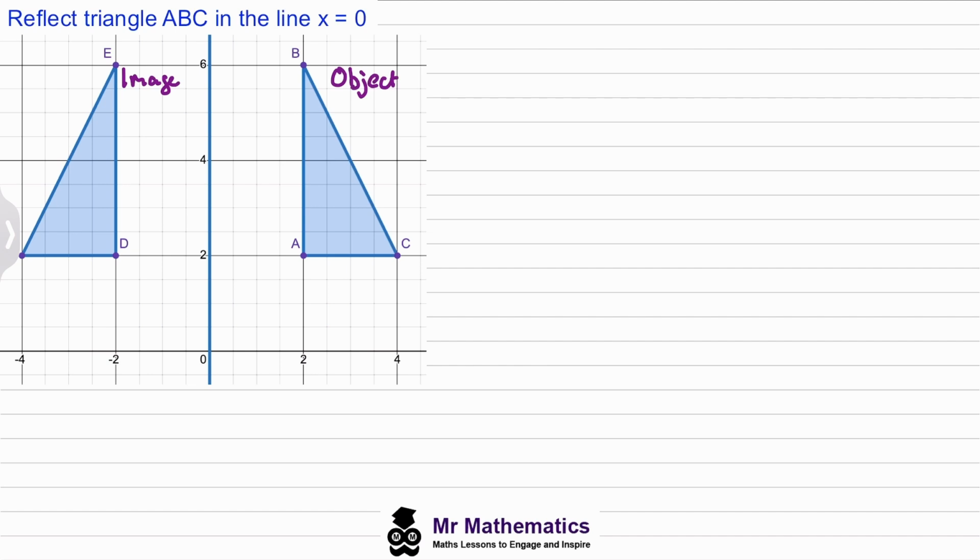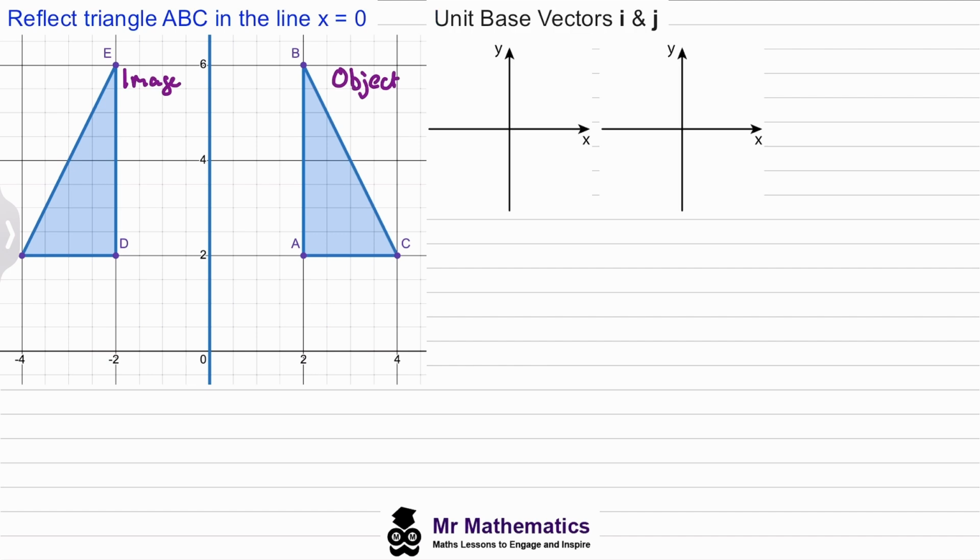To create our transformation matrix, we need to use the unit base vectors i and j. We know i originates from the origin and has coordinates 1, 0, and j originates from the origin and has coordinates 0, 1.